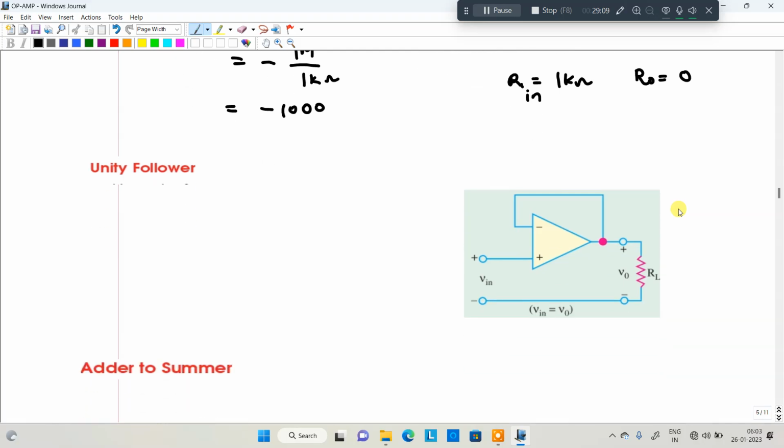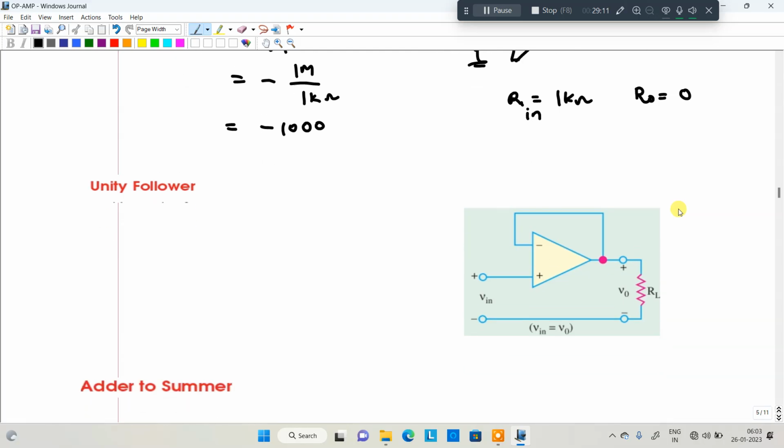Now we are moving to the next topic, unity follower. Okay, so unity follower is very simple. This is a non-inverting amplifier. Just replace the feedback resistor. Here RF is there, make RF equal to 0.